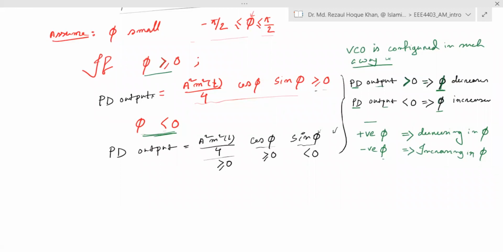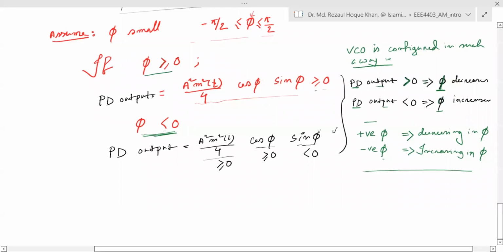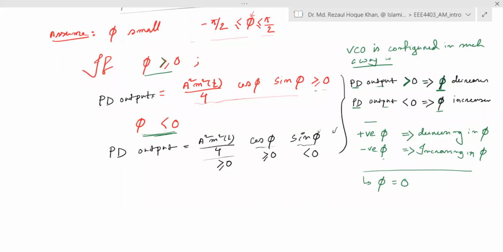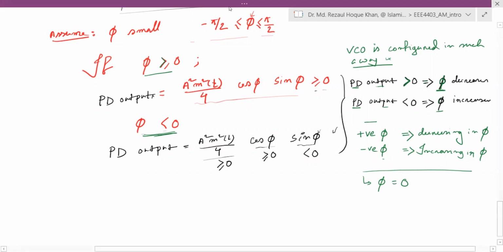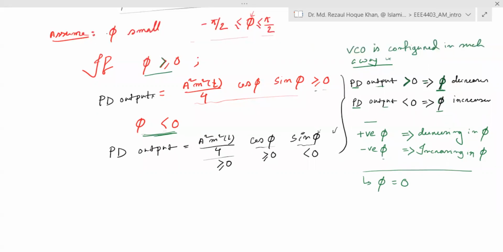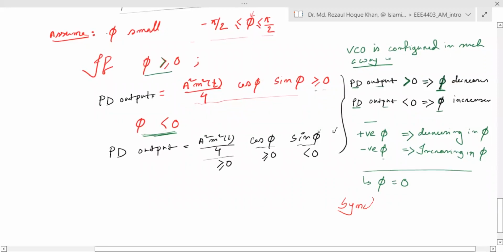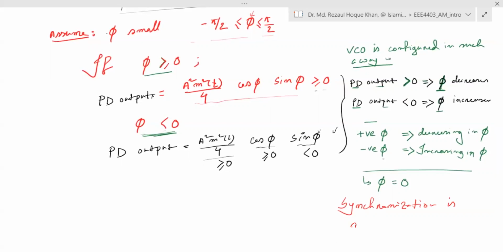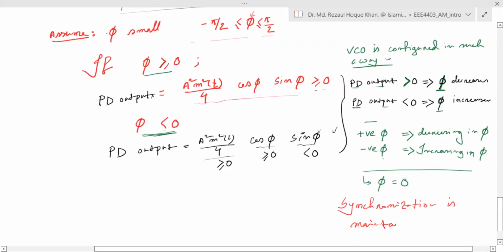So ultimately, by doing this, the phase remains at 0. Synchronization is achieved, and this synchronization is maintained between the incoming signal and the locally generated carrier.